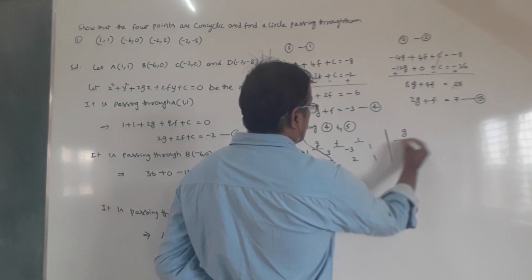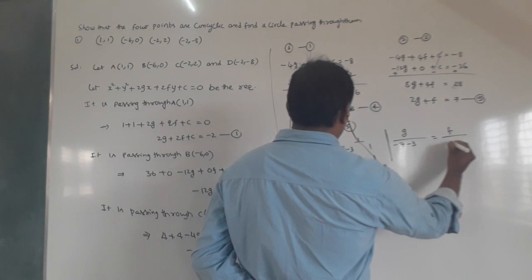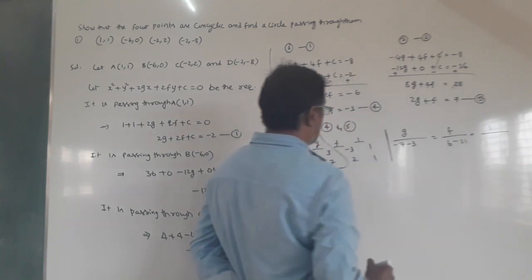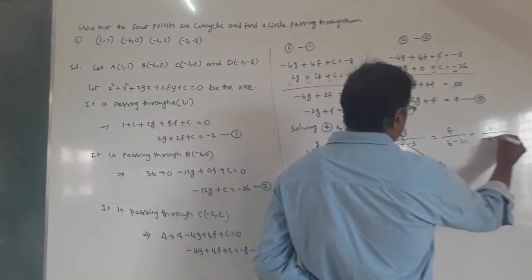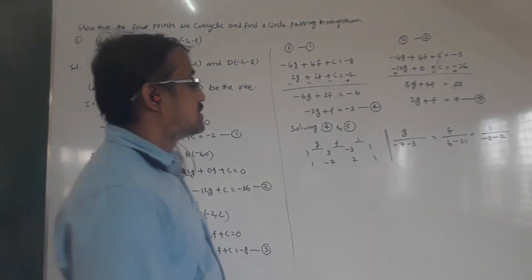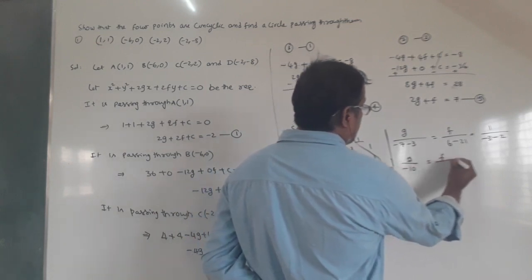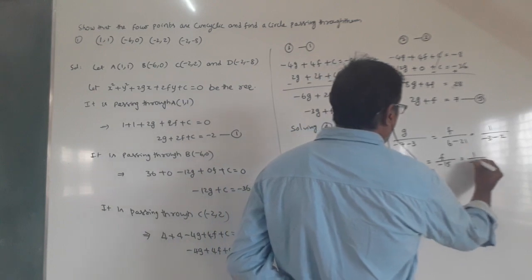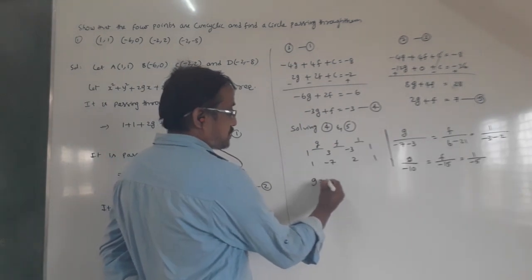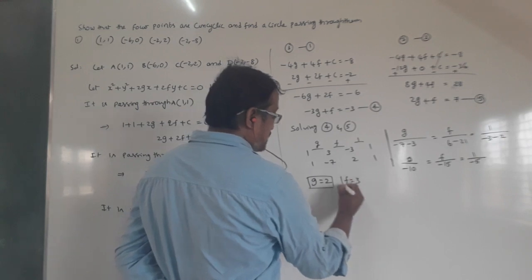So g by minus 7 minus 3 is equal to f by 6 minus 21 is equal to 1 by minus 3 minus 2. So g by minus 10 is equal to f by minus 15 is equal to 1 by minus 5. So finally g is equal to 2, the minus signs will be cancelled, and f is equal to 3.